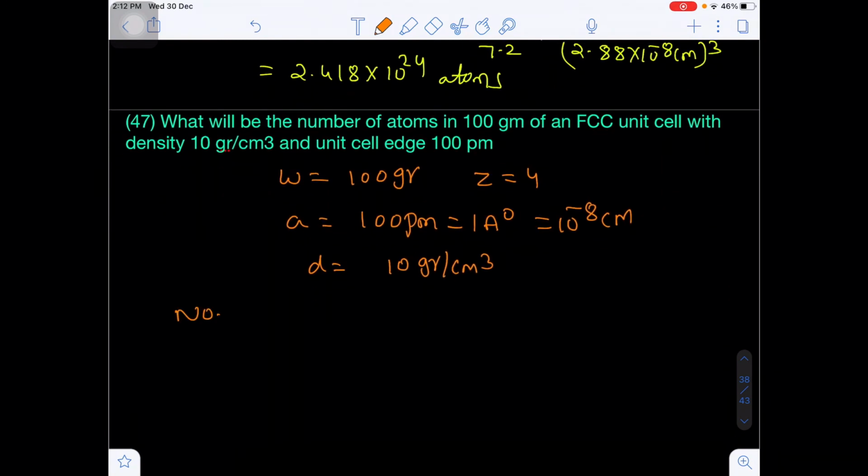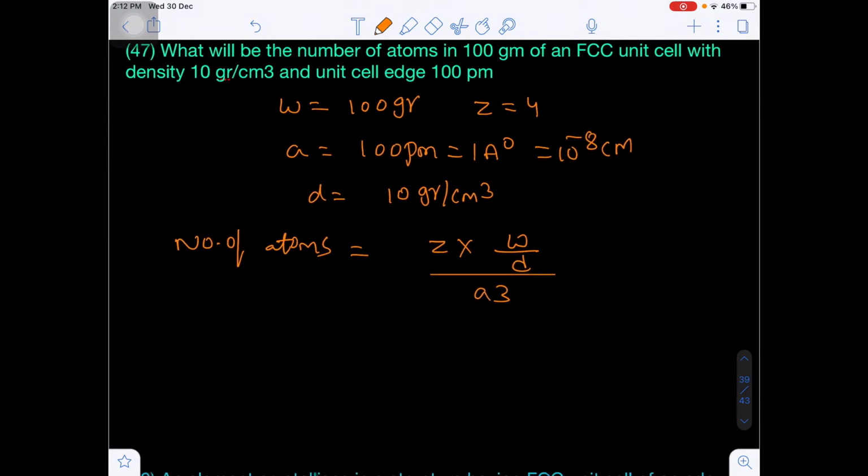So how to find the number of atoms? Again, I am writing the formula to calculate the number of atoms. Z into the volume of the element containing the given weight, that is 100 grams, so weight upon density gives you the volume, divided by the total volume of the unit cell, that is a cube.